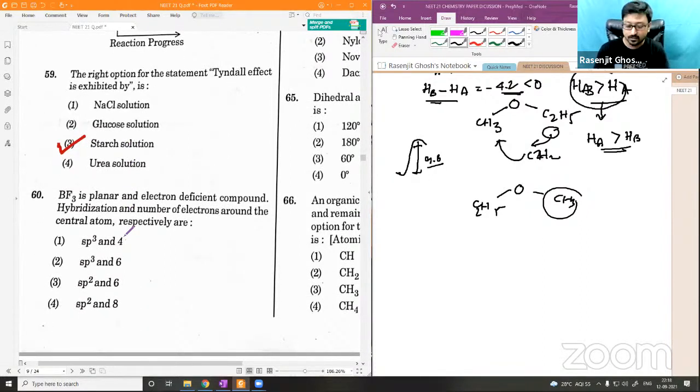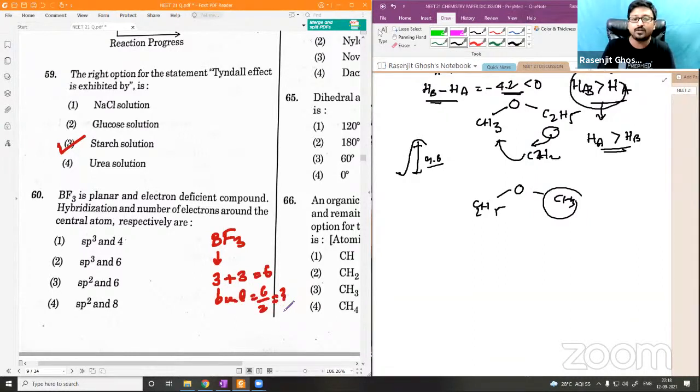Now, next question number 60. BF3 is a planar molecule and it's an electron deficient compound. Now, if I go through the normal rule of BF3, BF3 is basically planar. Boron has how many electrons? Valence electron 3, and there are 3 fluorine, so total 6. So number of bonds is basically 6 by 2 is equal to 3.